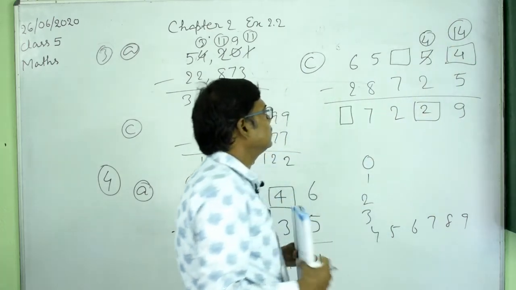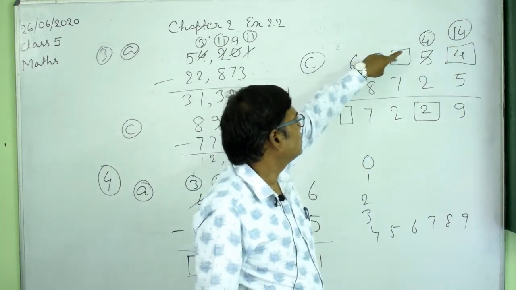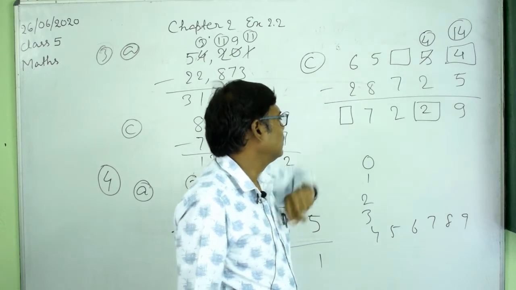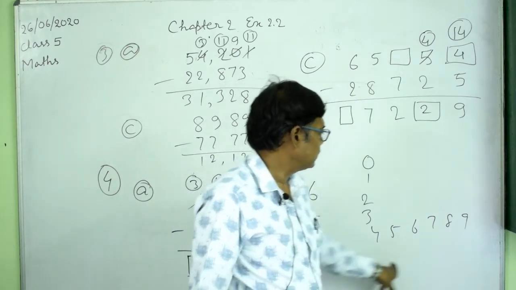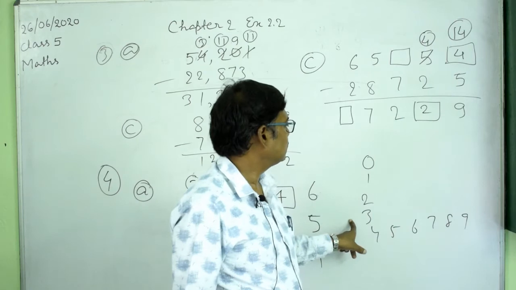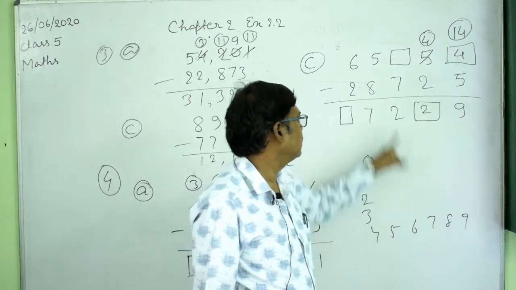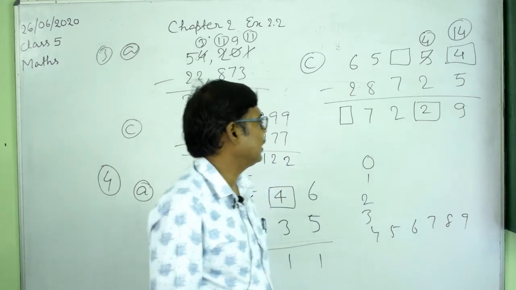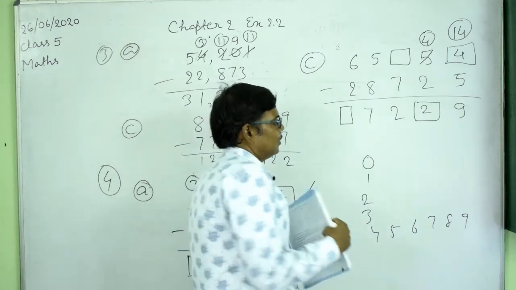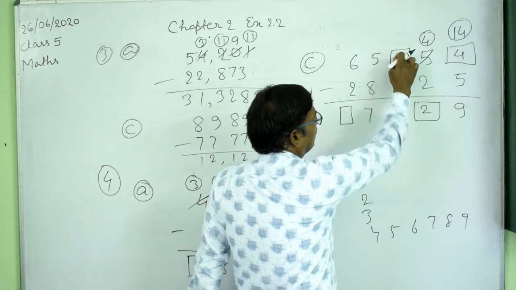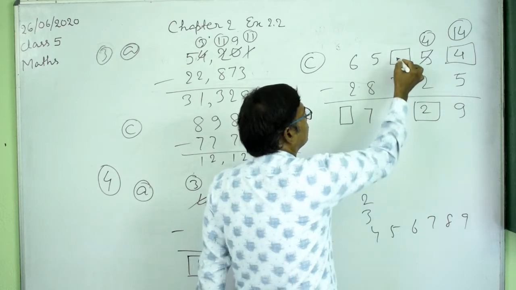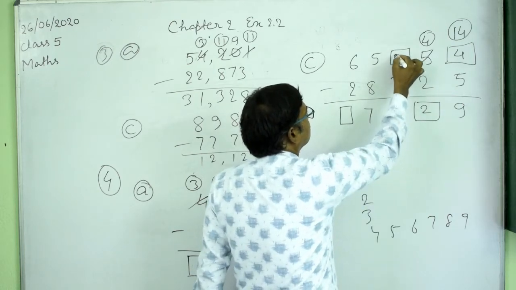Now next is again this box here, and this is 7 here. So now you have these digits. Can you find the difference? Minus 7 is 2. Yes, we have, because see that if you write 9 in this case, 9 minus 7 will be 2, so we can write 9 here. So the answer is 9.